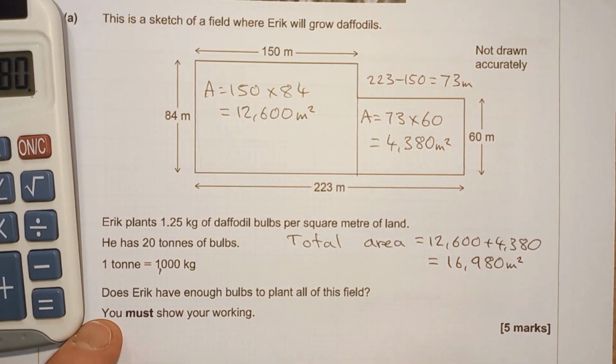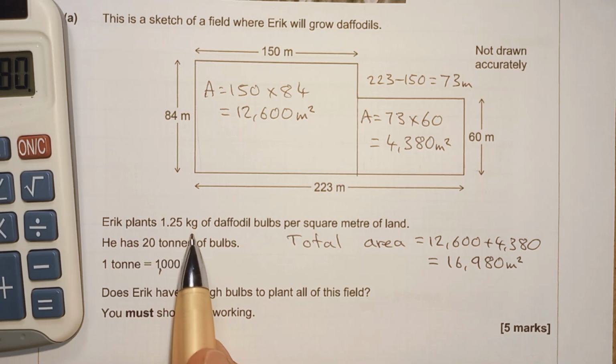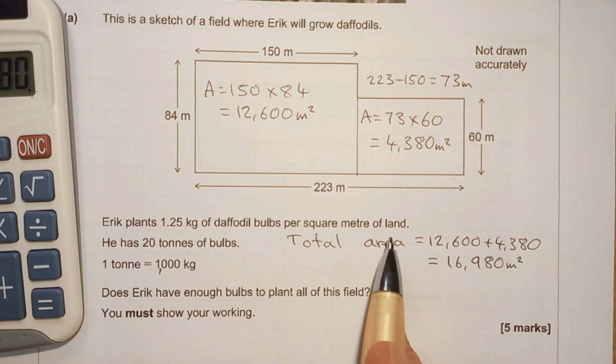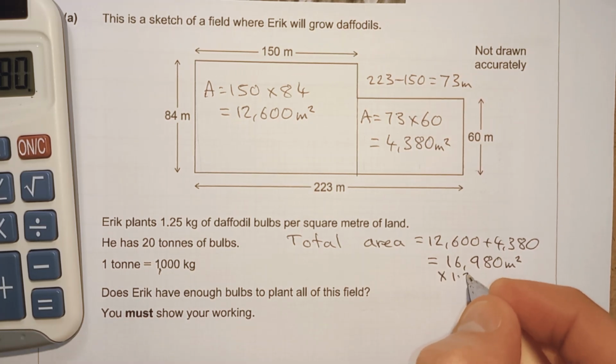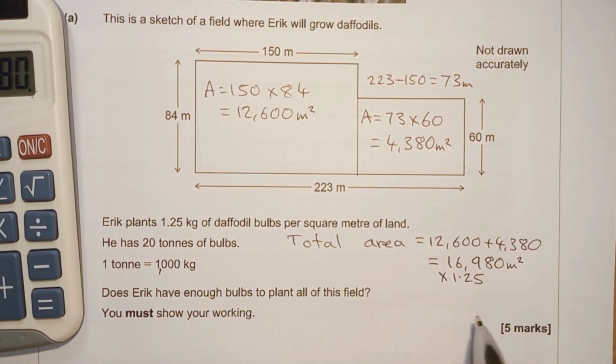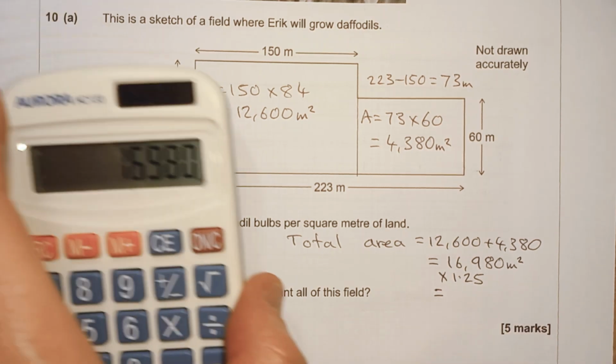We need to work out how many daffodil bulbs are going to fit in there. So Eric plants 1.25 kilograms of daffodil bulbs per square metre. So if we multiply this by 1.25, it's going to tell us how many kilograms of bulbs he's planting.